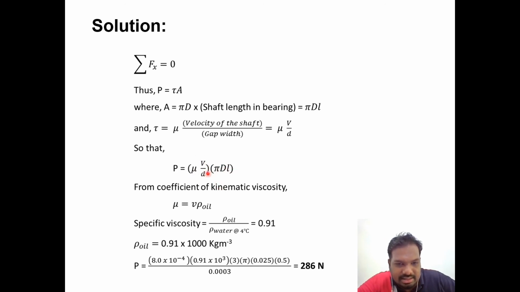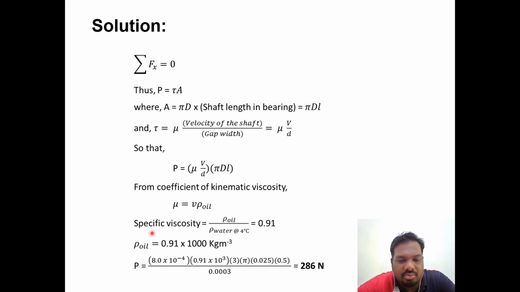We know from the coefficient of kinematic viscosity that mu equals the kinematic viscosity times rho of oil. The specific gravity is given as 0.91, so we just need to find the rho of oil.